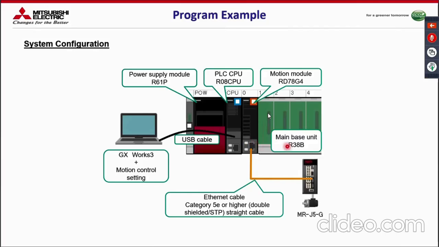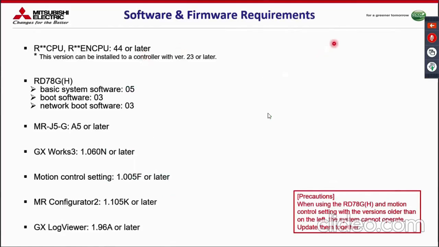Now, next we will see the software and firmware requirements. Whenever you are working with the motion model, first you need to see which RD78 model you are using, which GXWorks software you are using, and which motion control setting tool you are using.